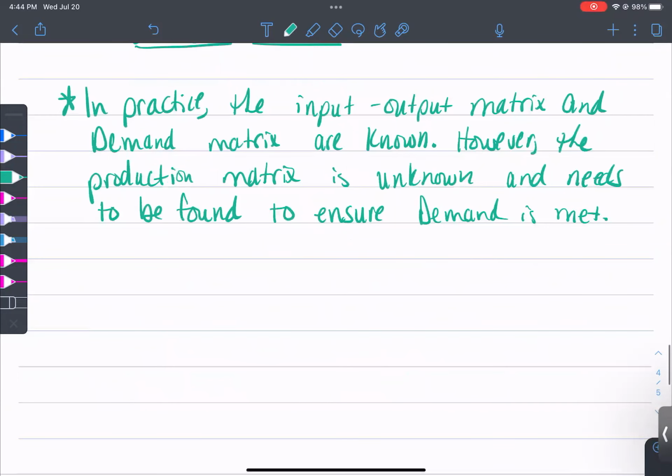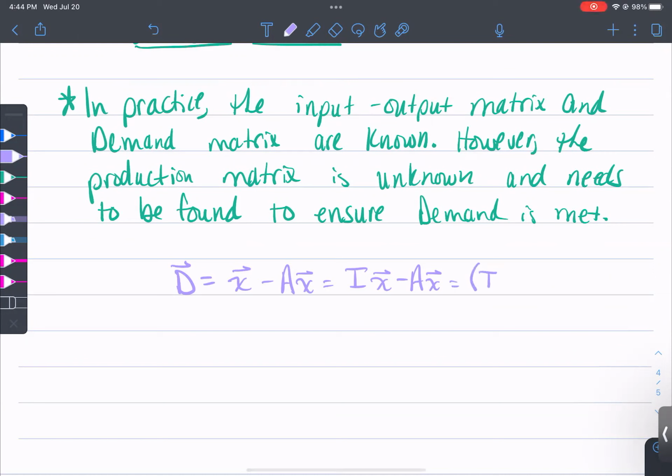Okay, so let's think about the equation we used to find the demand matrix. We said the demand matrix is our X matrix minus the product of A and X. So I can throw an identity matrix in here beside the X matrix. I didn't change anything. That's just like putting a 1 in front of a variable. And I do that so that I can factor out the X matrix.